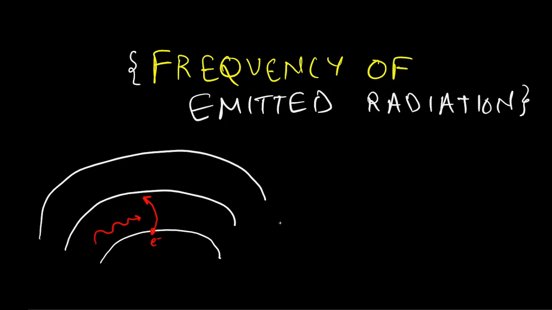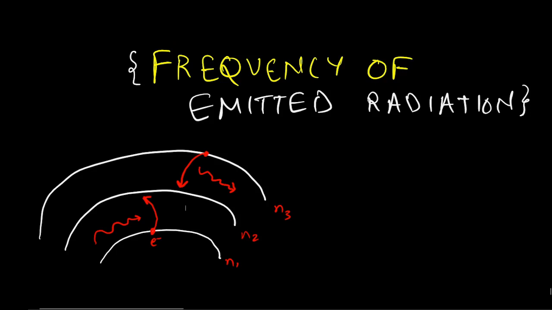If it makes a transition from an upper orbit to the lower ones, then it will radiate energy in the form of radiation. So what will be the frequency of such radiation emitted? That is what we need to calculate here.